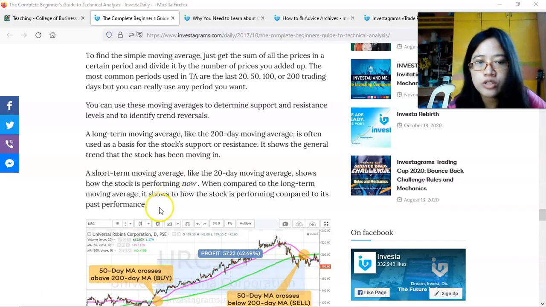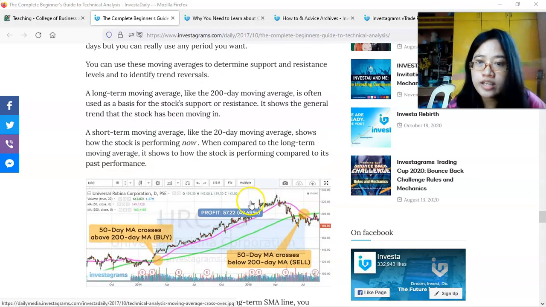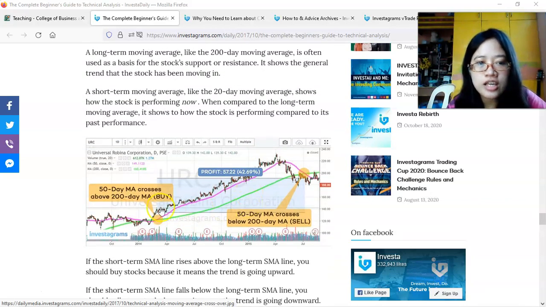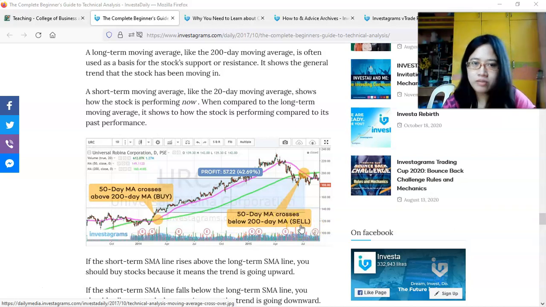When compared to long-term moving average, it shows how the stock is performing compared to its past performance. Okay? So, ayan, 50-day moving average crosses above 200-day MA buy, tapos yung 50-day crosses below the 200 MA sell. Okay? So, magkaiba pa yung buy and sell niya.